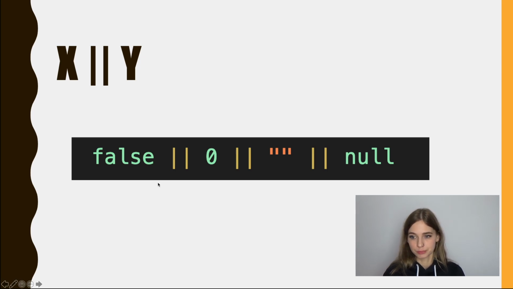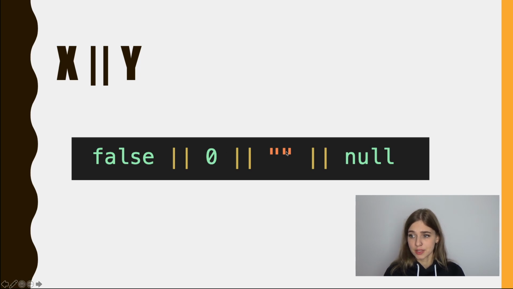So how it goes, we take false or 0. False is already false without even converting, so let's move on to the second value. 0 is converted to false, and because both values are falsy, it would stop on 0. So it would take 0 as the result.